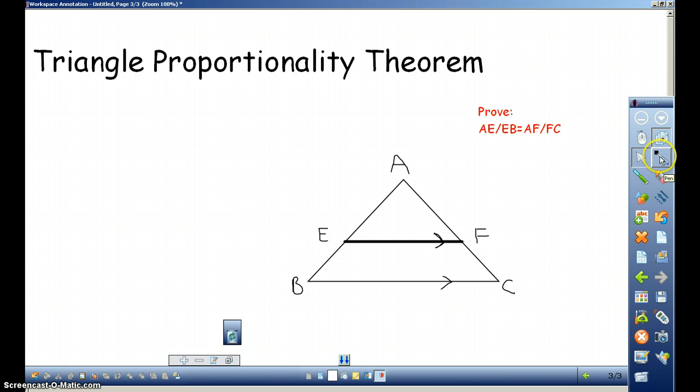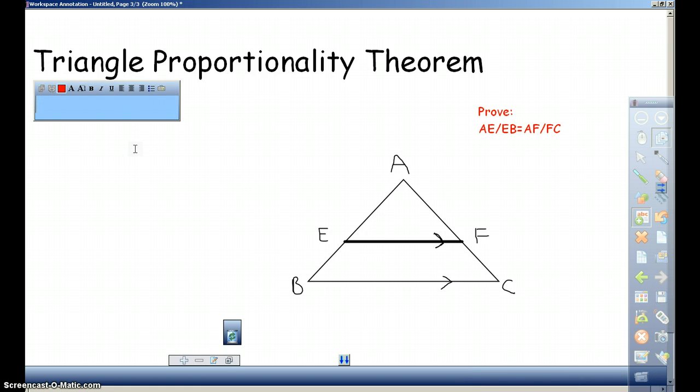So first of all, let me get my little text editor right up here. And let's see what we can start with. Since we know that we have parallel lines, then these angles here, this angle and this angle, we think of this as the transversal.